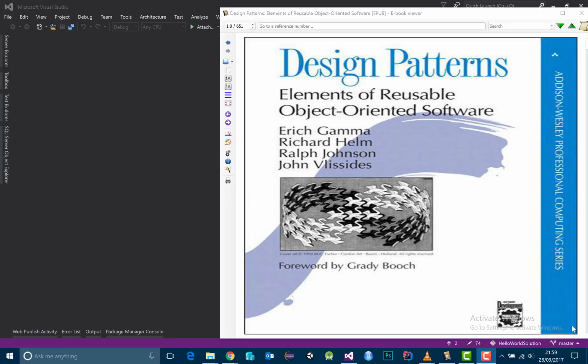Because actually, yes, design patterns are not even about object-oriented programming per se. You can have design patterns that are about different programming paradigms, but of course the most famous ones are about object-oriented programming, and that's because of the predominance that this style of programming has had in the last few years, and also because the whole idea of design patterns came about in the context of object-oriented software.